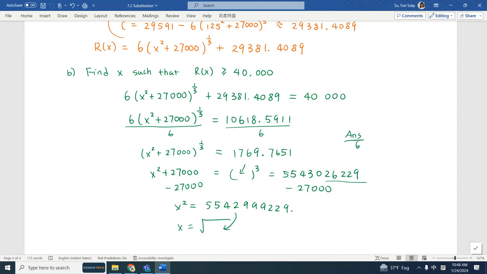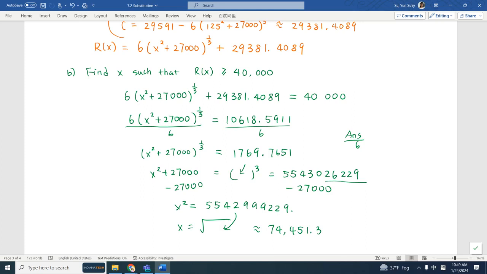So what's the square root of that number? Oh, okay, I see.